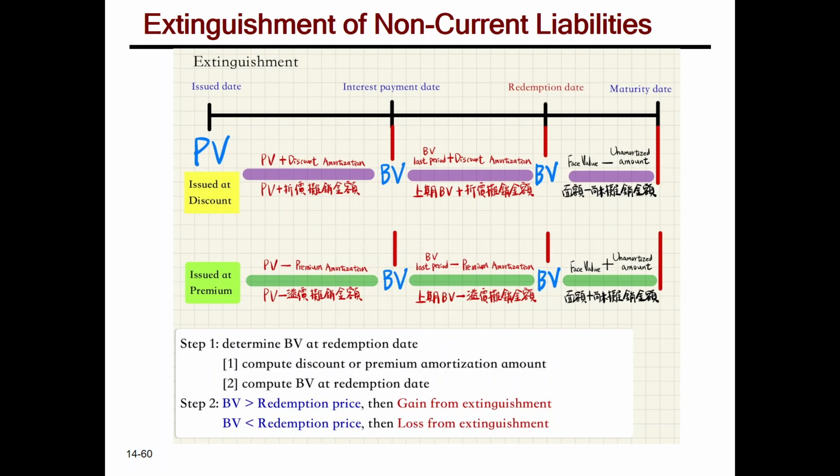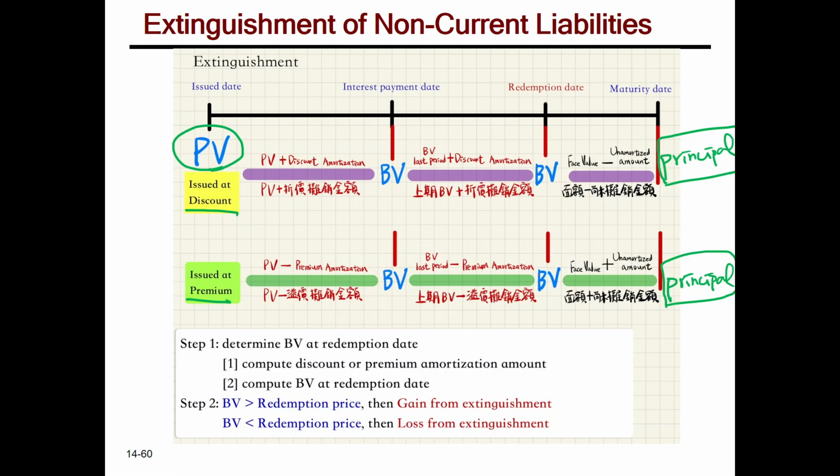So don't forget, start from present value, but your book value has to be adjusted to principal at the maturity date. No matter you issued at discount or premium, totally the same. At the maturity date, your book value should be principal, right? Why? Because you promise to pay principal back at the maturity date.